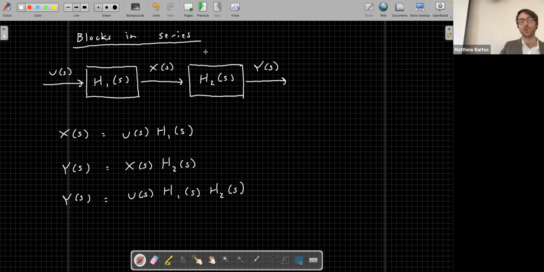So if we have blocks in series, we can combine these two blocks together.